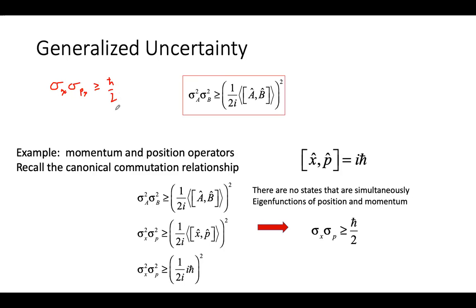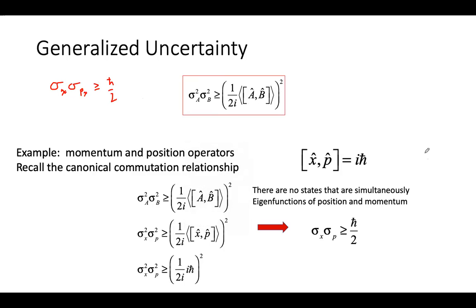And I made the case that there were going to be other operators we would come into contact with, where we might have to use this generalized uncertainty principle in order to figure out what the uncertainty answer is for those two. And just to remind you what we did for position and the momentum component in the same direction as that position.